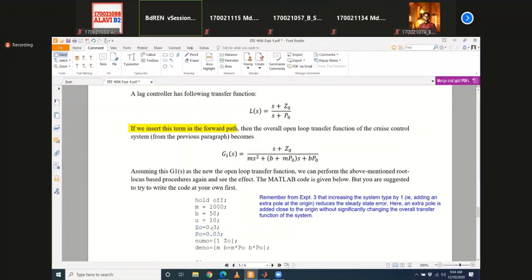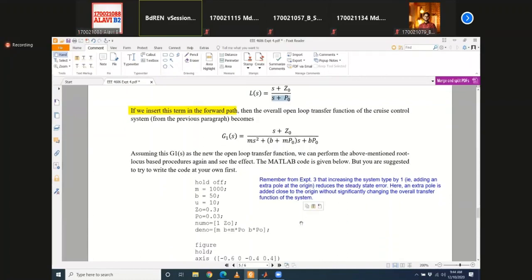Same thing, right? Would you say that 3 is very far away from 30 on the x-axis? So you can also say that 0.03 is very far away from 0.3. So that means this zero will not affect the workings of this pole. That means we are adding an extra pole. That means we're managing to increase the system type almost by 1, close to 1.